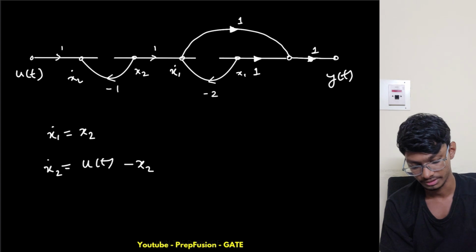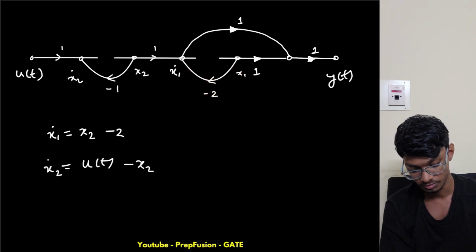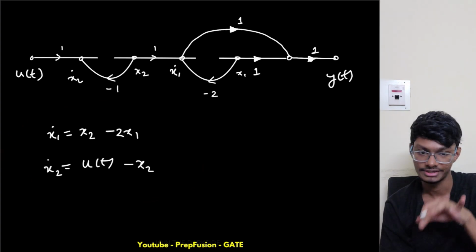Actually, if I were to write here, x1 is also here, right? So this will also be minus 2 x1, okay. So yeah, this is my state space equation.